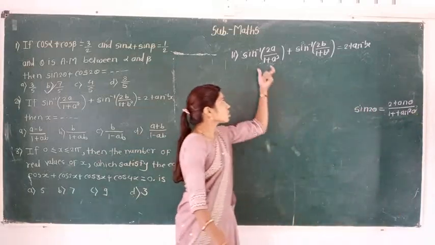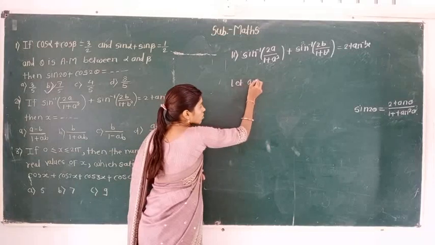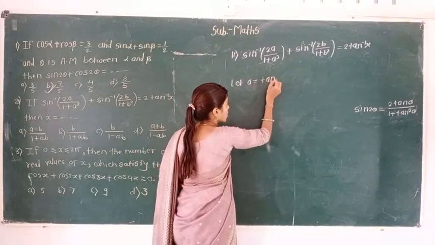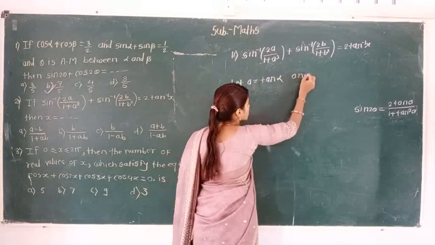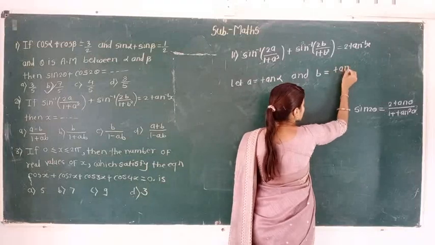Okay, so in that case we have to put, let a we can consider as tan alpha and b we consider as tan beta.